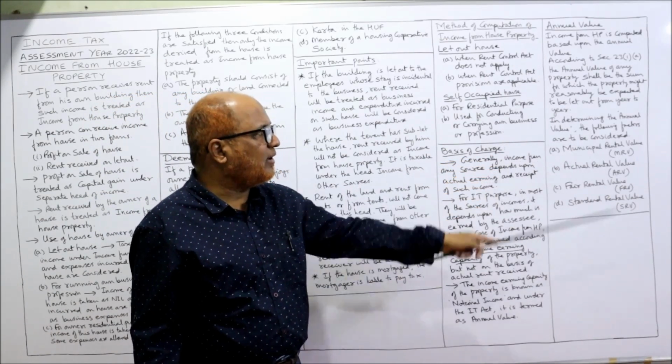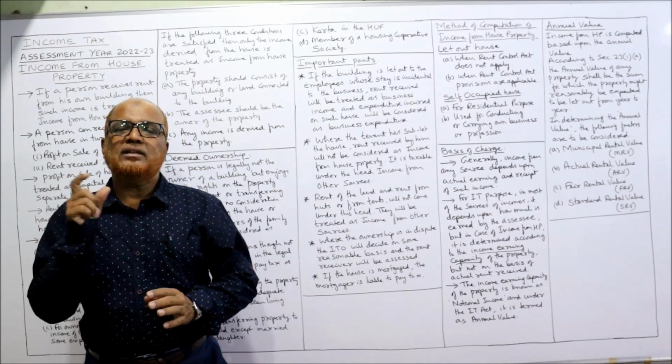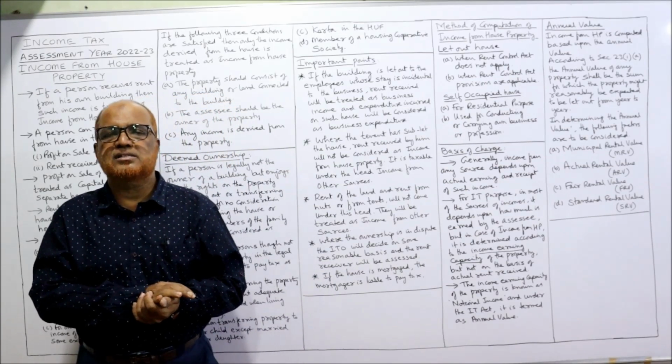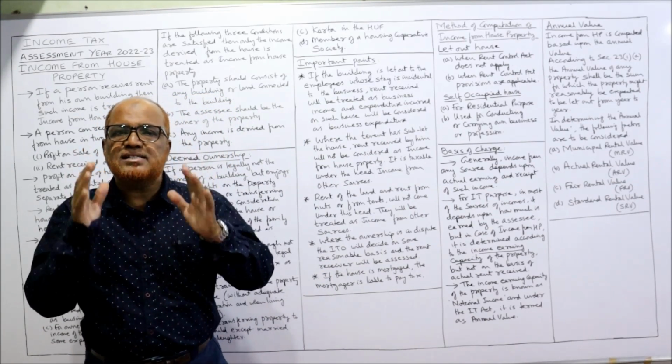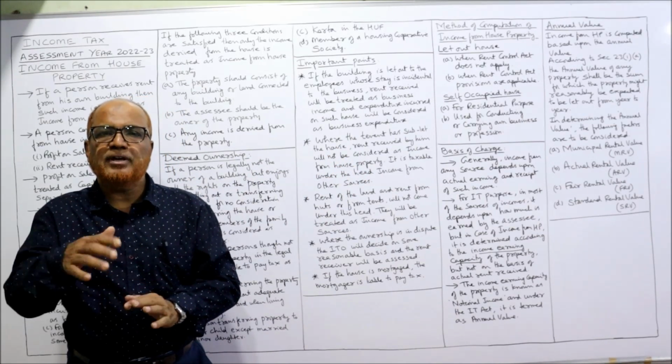In determining the annual value, the following four factors have to be considered. While computing the annual value, Income Tax Act says four factors have to be considered in order to find out what is the sum at which it might be let out from year to year.